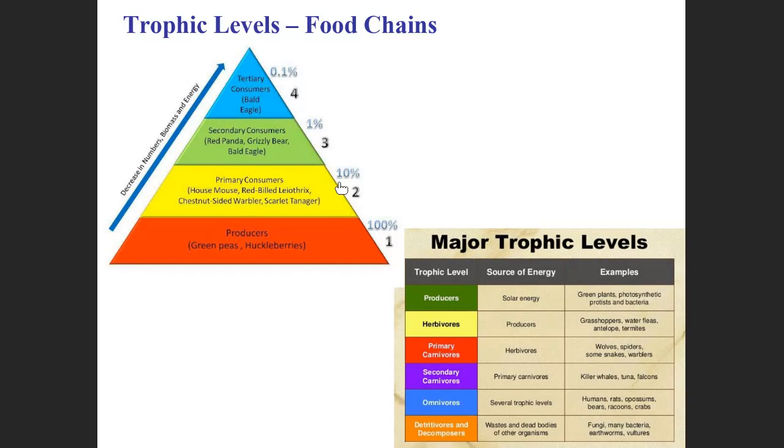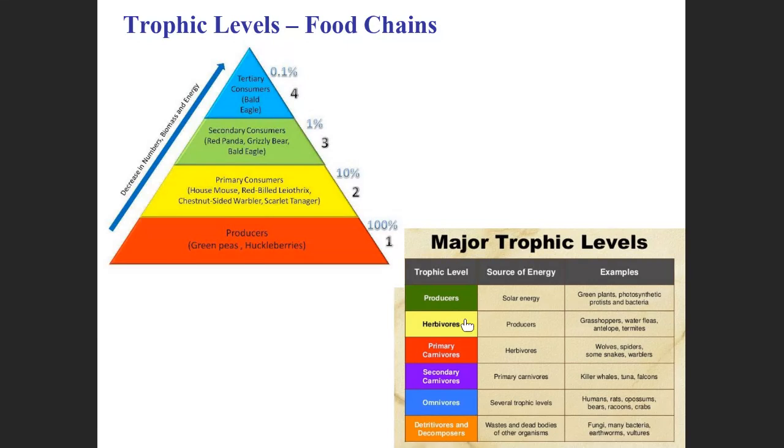So the original solar energy used by the primary producers, by those plants, only about 10% of that energy is assimilated by an herbivore, right, by the primary consumer. A secondary consumer, right, the animal that eats the herbivores, they get only about 1% of the original solar energy. And then as you move up the food chain, it's less and less. So a tertiary consumer gets about 0.1% of the original energy that came from the sun.